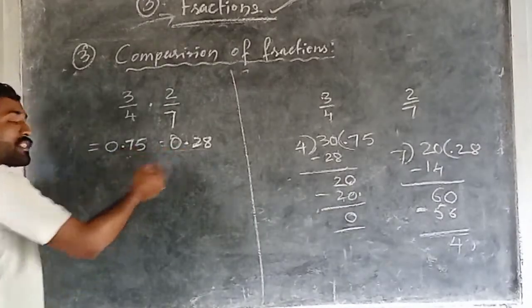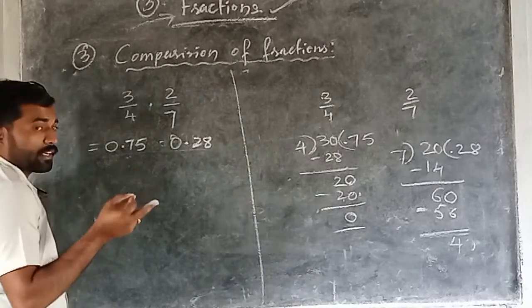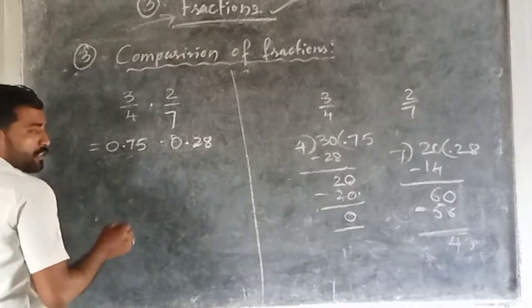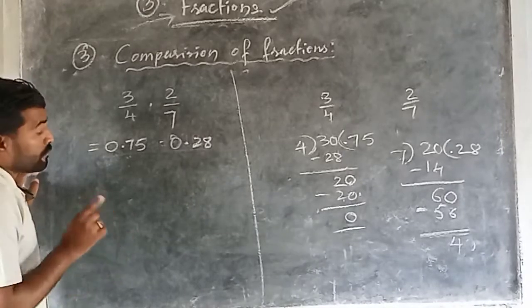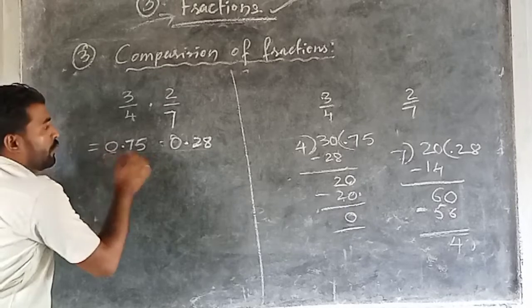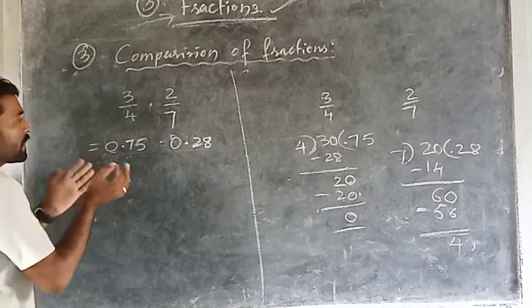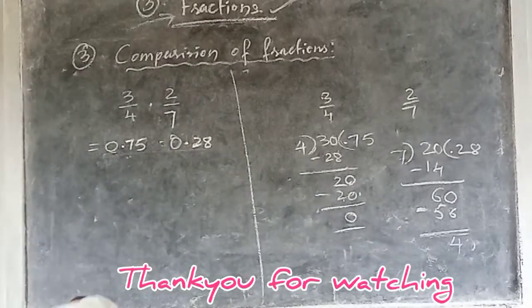Now among these, which is the greatest one? 0.75. This is very important. Here before the point you have 0, and here also before the point you have 0. First of all, look at the numbers before the point. These are equal. Now look at the numbers after the point.